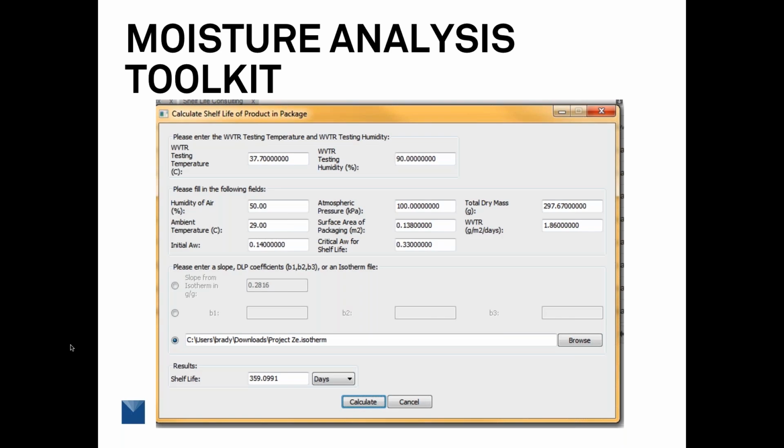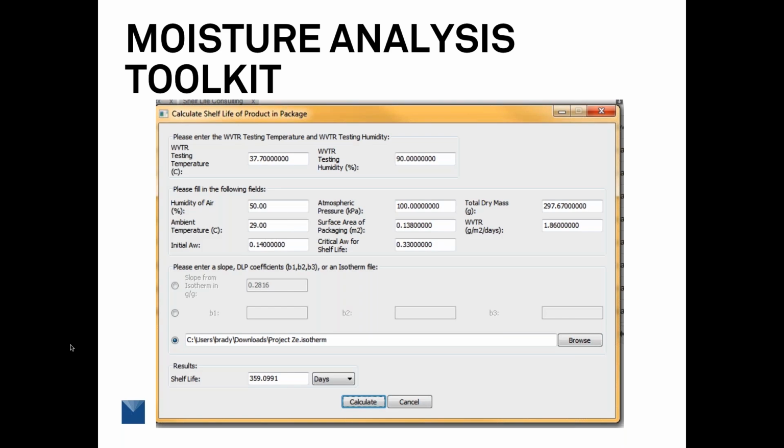We then bring in the isotherm for the product that we would have already run, because we had the DDI curve to identify the inflection point, and then we hit calculate, and it shows us what the shelf life would be given, in this case, a 1.86 water vapor transmission rate.